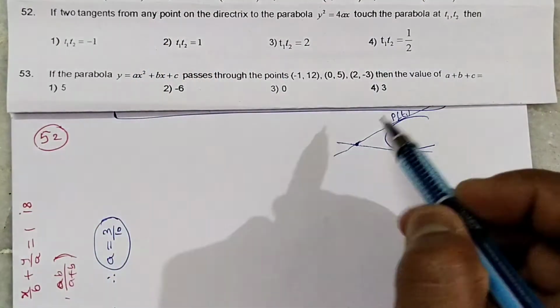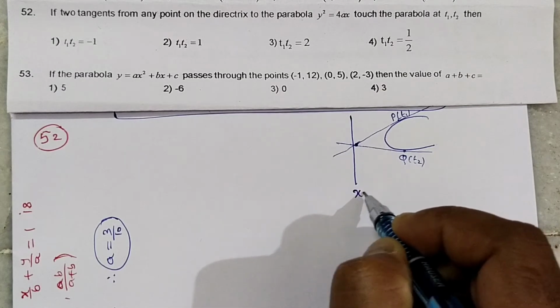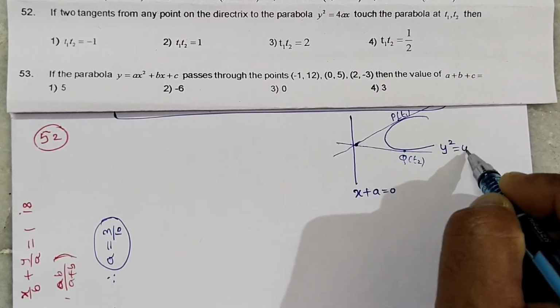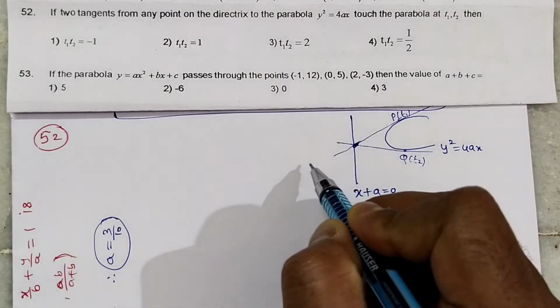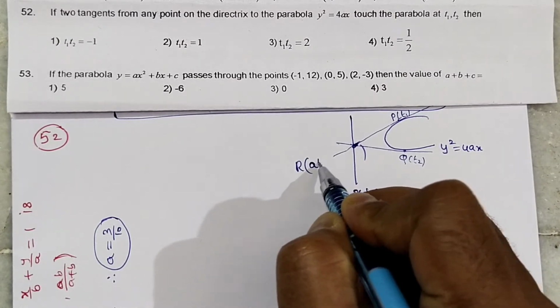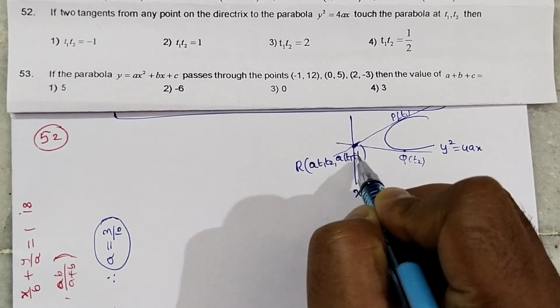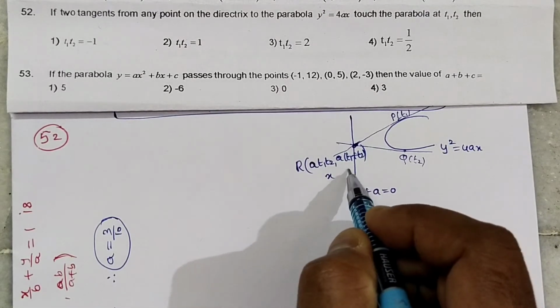From any point on the directrix means these tangents are intersecting. Directrix equation is what? x plus a equal to 0 for the equation y square equal to 4ax. The point of intersection of tangents is R of a t1 t2 comma a into t1 plus t2. So this is x, this is y.